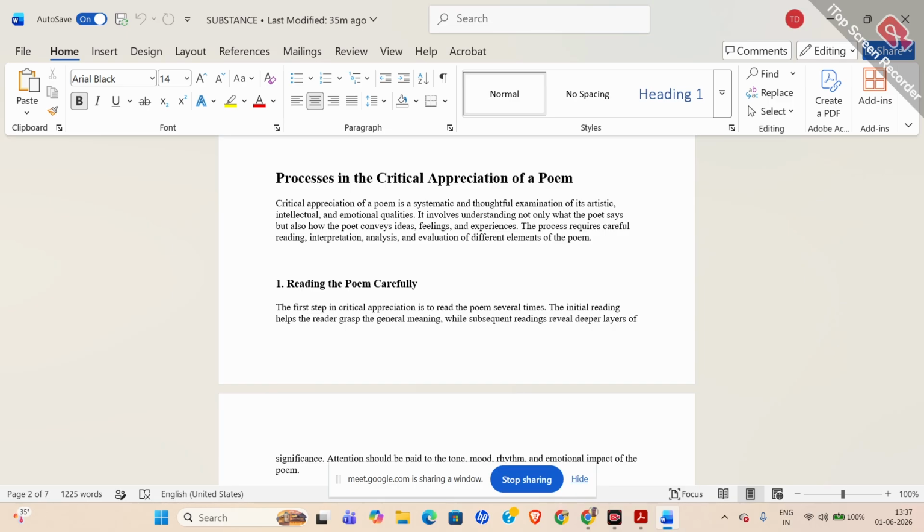So it requires patient reading এবং খুব মনোযোগ সহকারে পড়তে হবে, ইন্টারপ্রিট করতে হবে, এটার একটা অর্থ খুঁজে বার করতে হবে, ইন্টারপ্রিটেশন, অ্যানালিসিস পর্যালোচনা করে, evaluation.